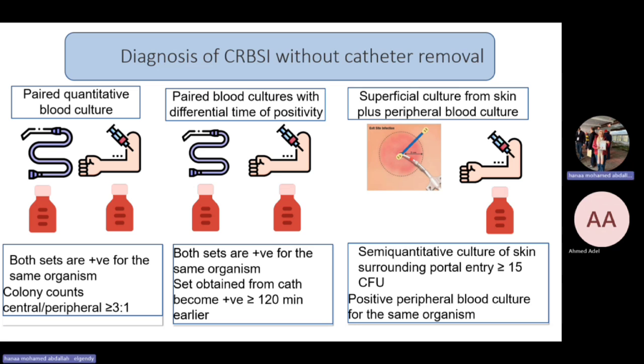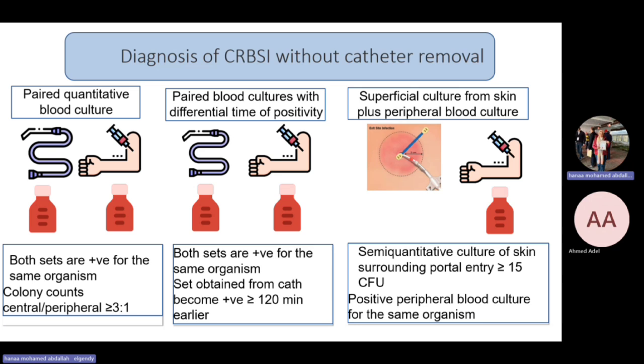Both sets are positive for the same organism. So we take a culture from the central line or from the infected catheter, and we take a culture from the peripheral blood.